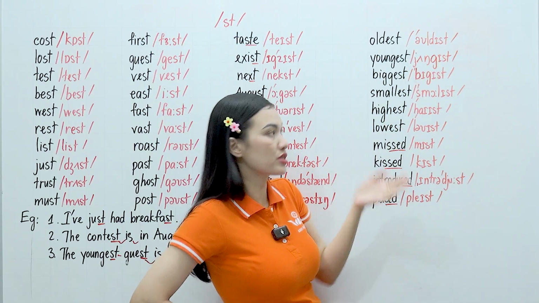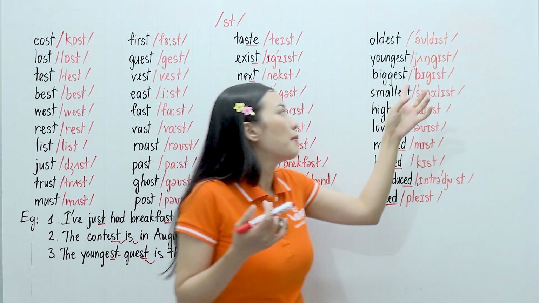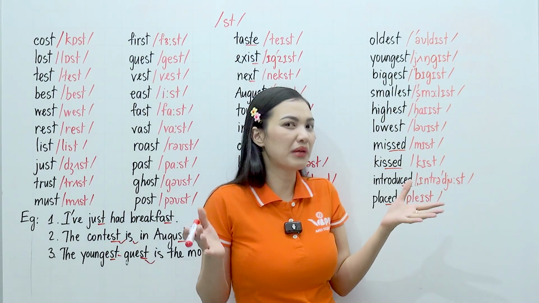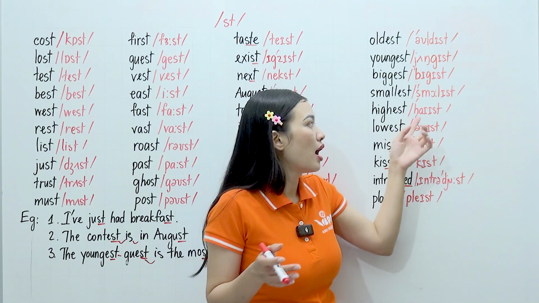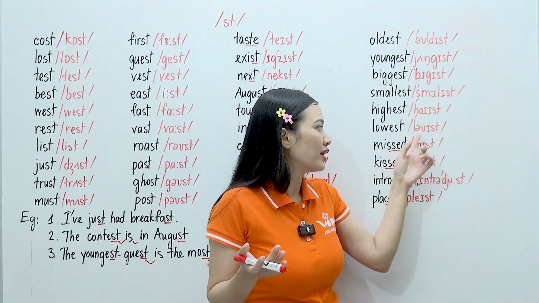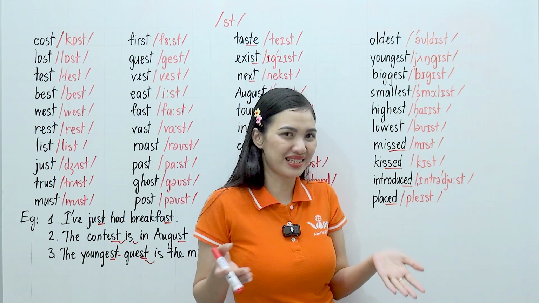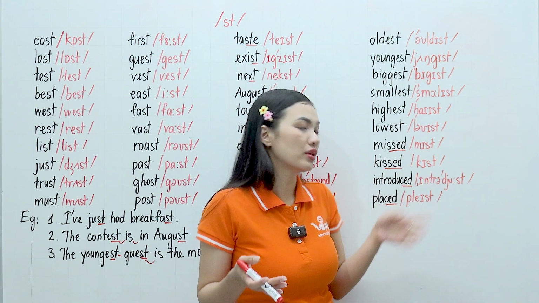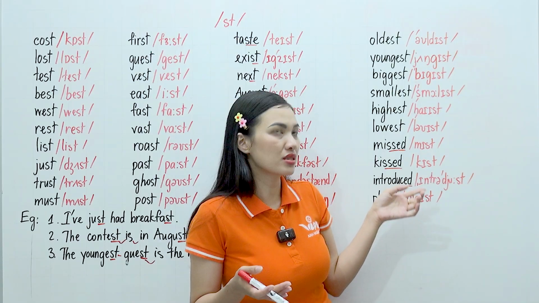Oldest. Youngest. Biggest. Smallest. Highest. Lowest. This, missed. This one, kissed.